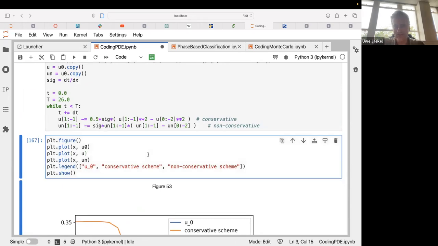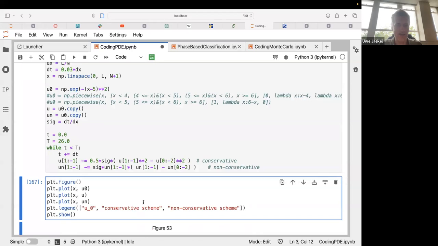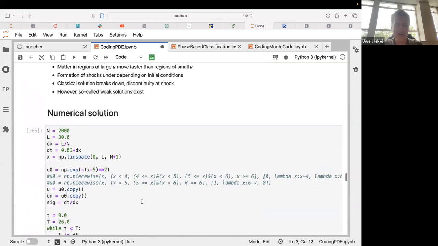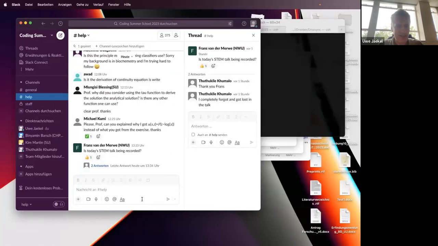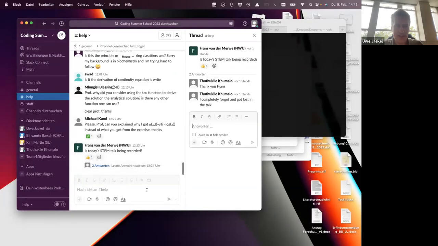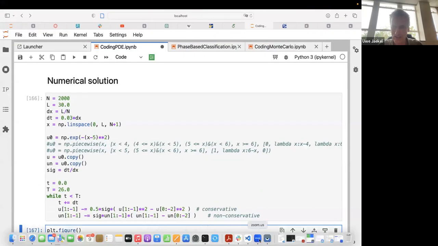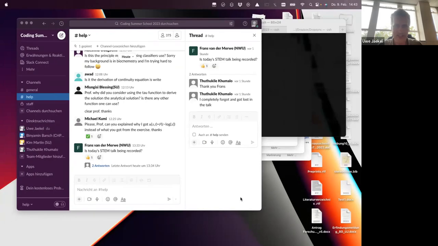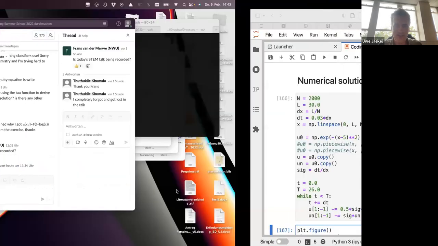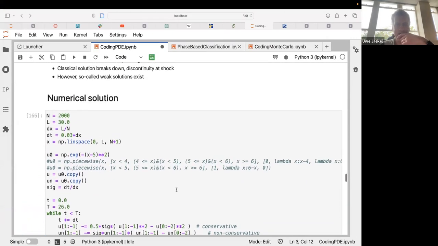Yeah, but the shock keeps on proceeding, and it's slowing down in this non-conservative scheme. Let me see whether one of you has an idea. You are encouraged again to answer by chat. Why do you think this happens?